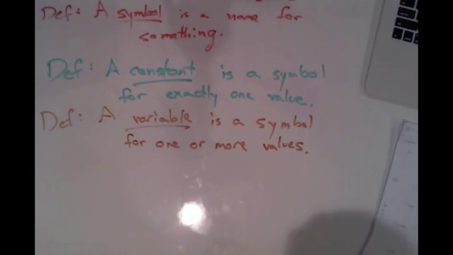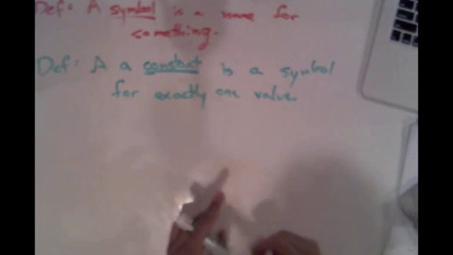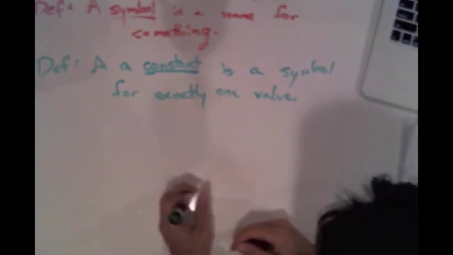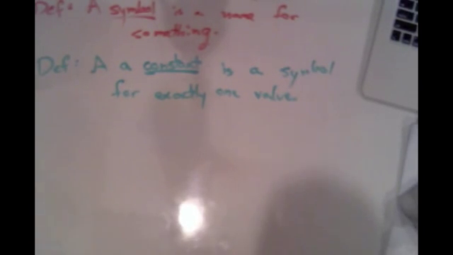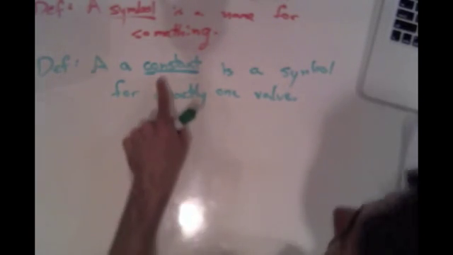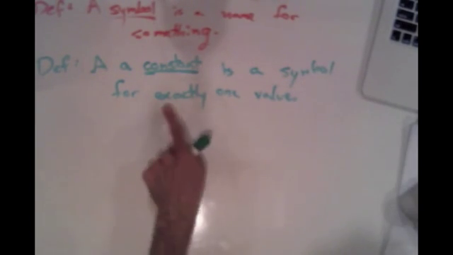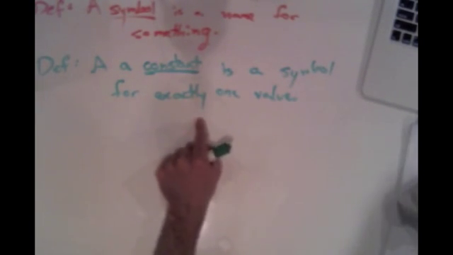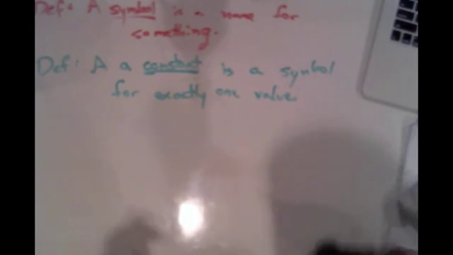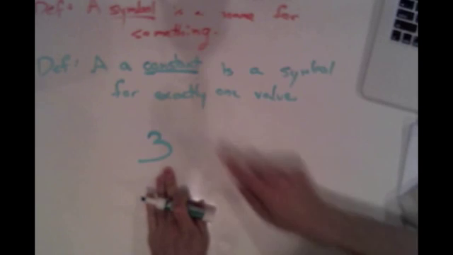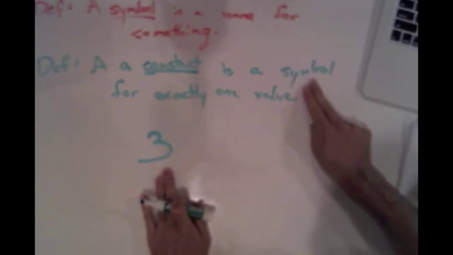For example, okay, what is a constant? Definition. A constant is a symbol which stands for exactly one value. For example, this is a constant. Why? Firstly, it's a symbol.